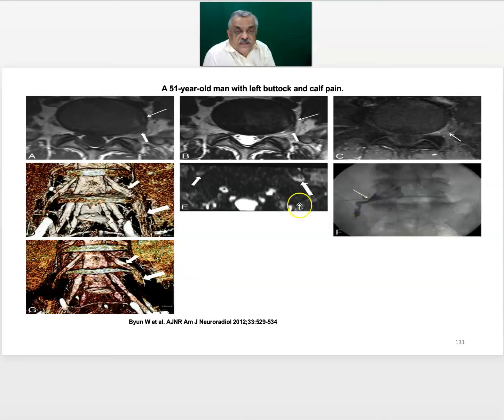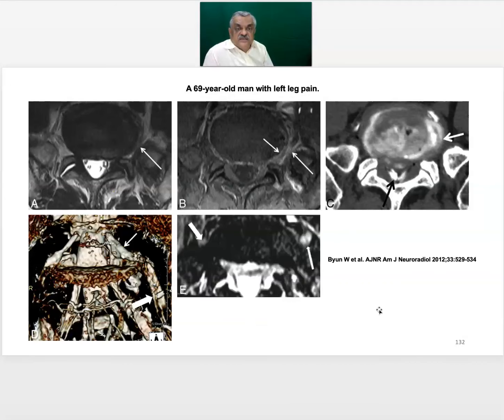Then we also see there is a change here which has been marked extraforaminally, which correlates with the MRI and the 3D reconstructed image. There is another one with left leg pain, where we see that there are changes around the periphery of the disc where there may be a leak, and you find that the nerve is involved, the nerve is inflamed, whereas the posterior annulus, etc., seems to be normal.